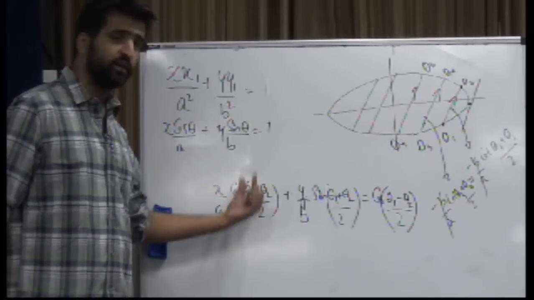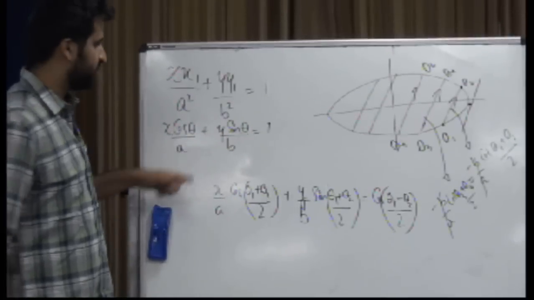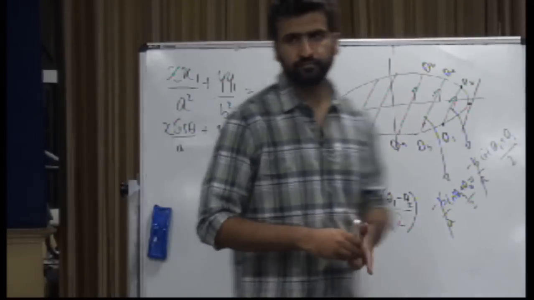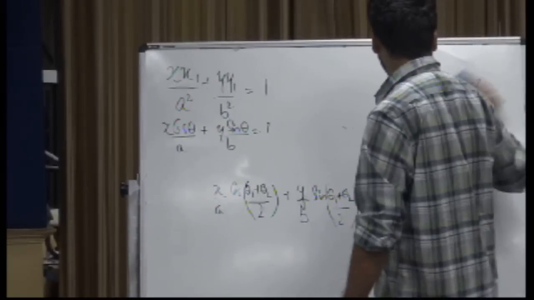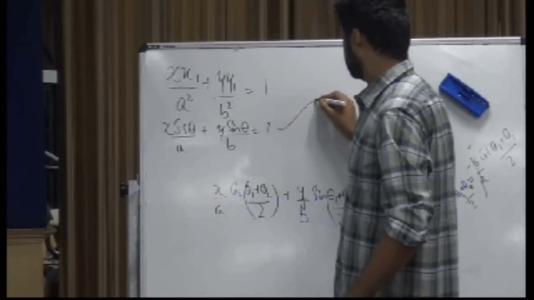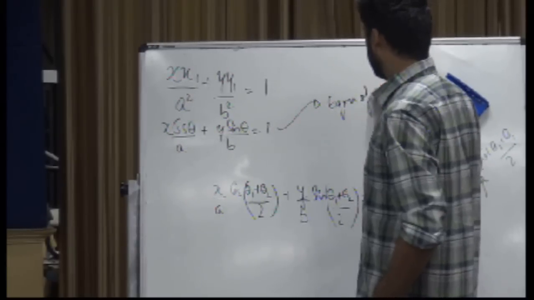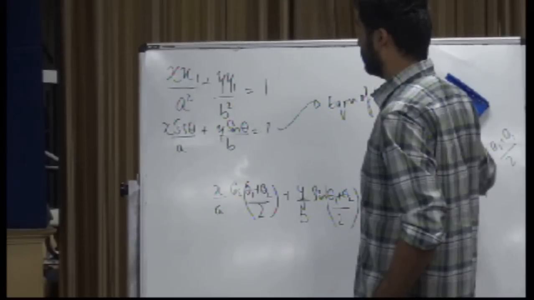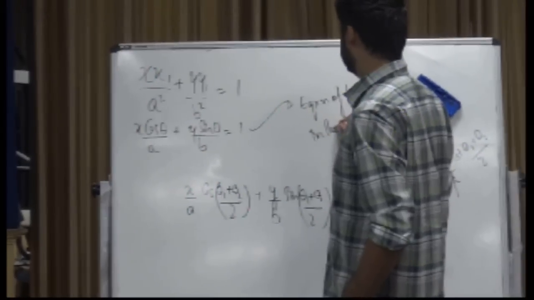If you put theta 1 is equal to theta 2, then you will get this equation, which is actually the equation of tangent. Okay. So this is the third kind of equation of a tangent. Equation of tangent in parametric form.